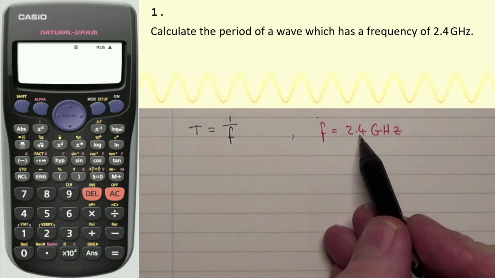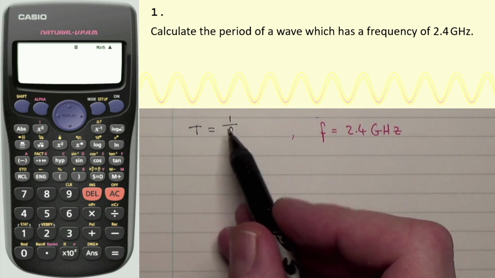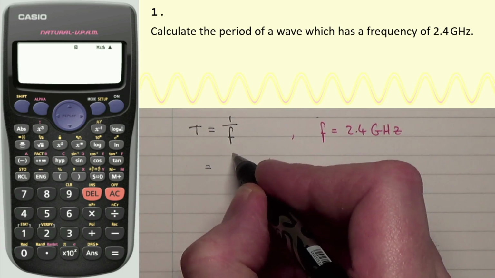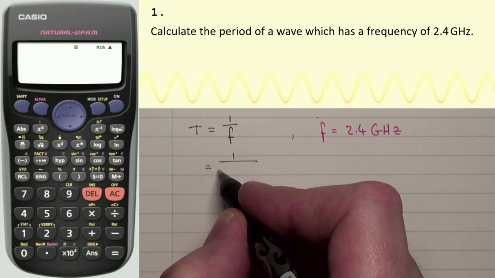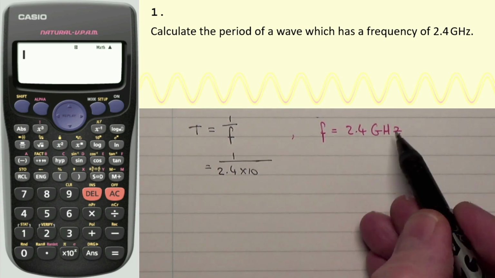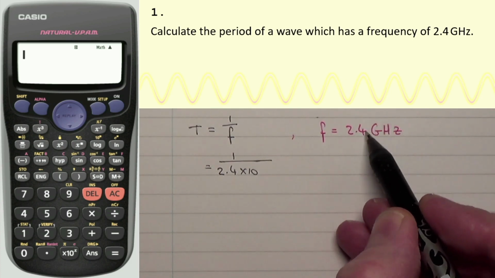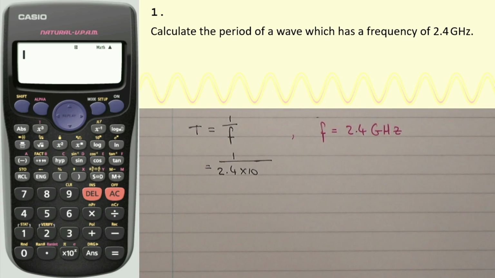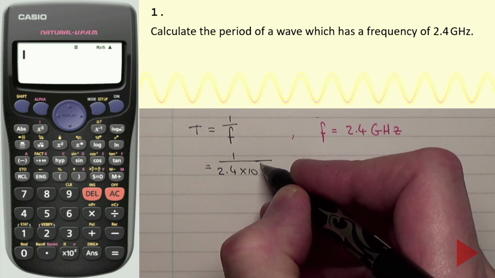If I was substituting this value into this equation, I would of course write 1 over 2.4 times 10 to the power of, so what is the power associated with giga? Of course it's times 10 to the power of 9.